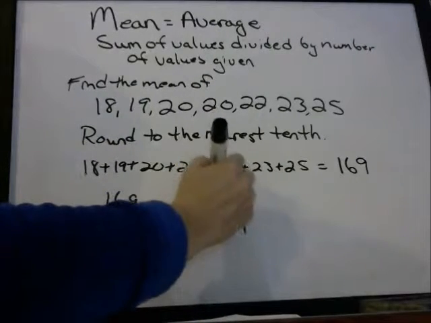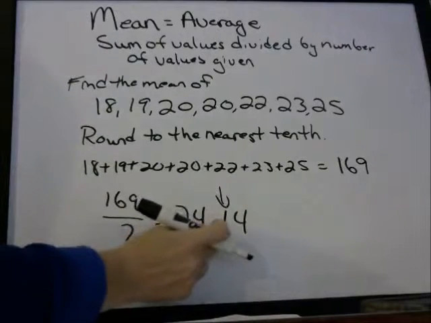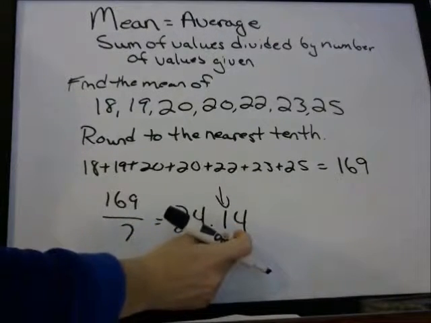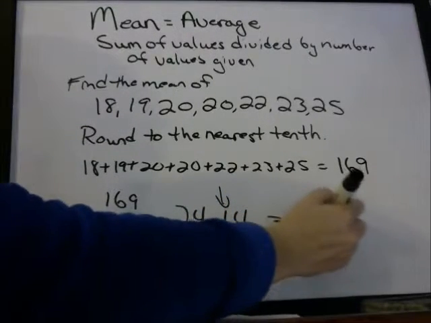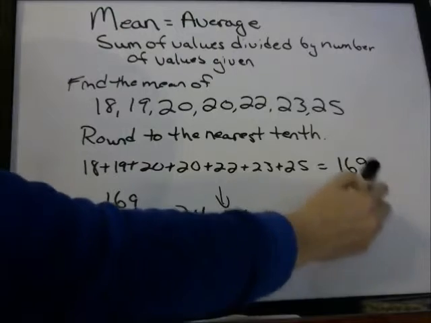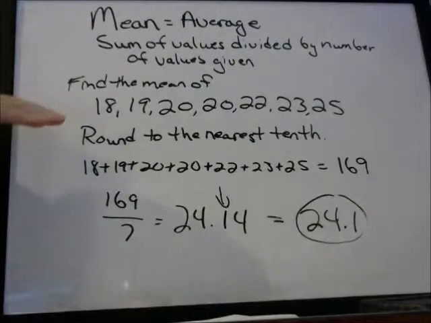So this is the tenths spot. We look to the right. 4 is less than 5, so we're going to keep it the same. So our answer is going to be 24.1. So this kind of problem is very straightforward. If they just give you the numbers and ask you to find the mean, that's pretty straightforward.